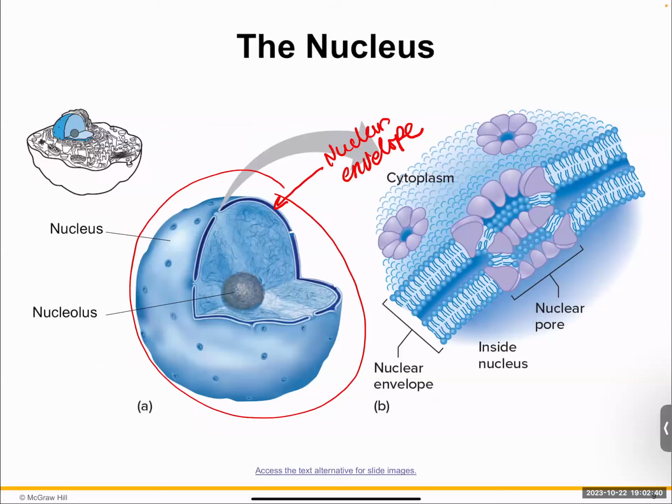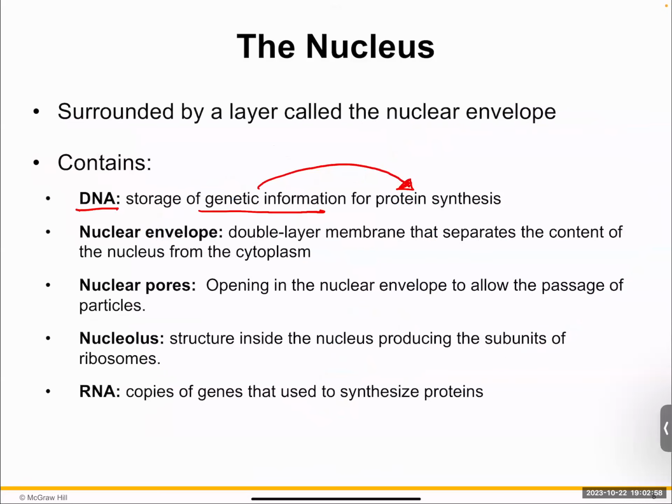And then if you kind of zoom into this picture, which is what you see here, you will have these openings that allow things to basically get in or out of the nucleus. And these little holes are called the nuclear pores. So we have the DNA protected by the nuclear envelope, but to allow things to get in and out, we create these pores within the nuclear envelope called nuclear pores.